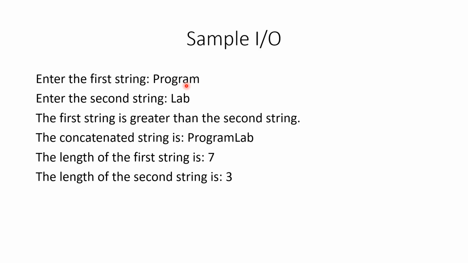If they are equal, then we say yes, both the strings are equal in terms of characters, and we need to print the concatenated string. You can see program and lab, program lab, we are getting the concatenated string, and we also need to print the length of the first string and the length of the second string.